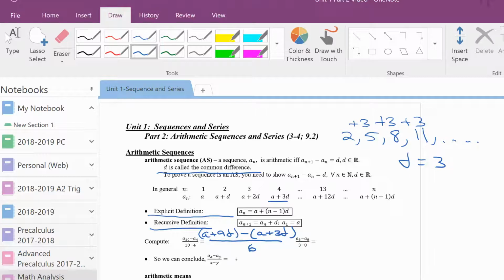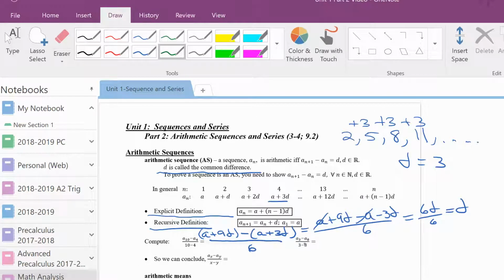If you distribute, you get A plus 9d minus A minus 3d, all over 6. These cancel out, so it becomes 6d over 6, which is equal to d.